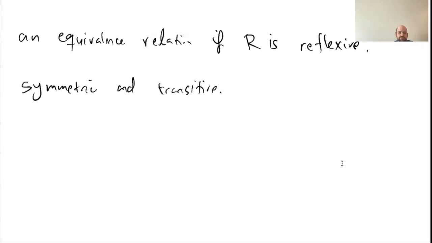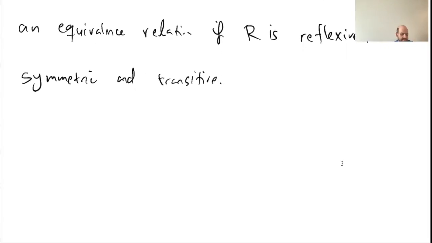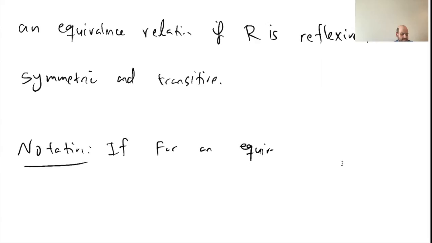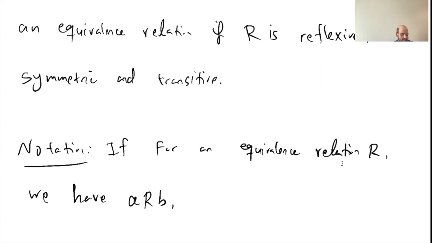Okay, and the notation that we use: for an equivalence relation R, if we have a R b, we write a is equivalent with b.